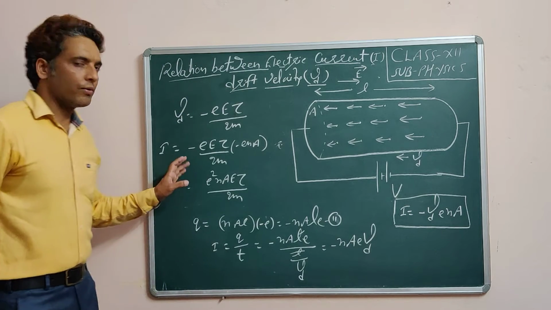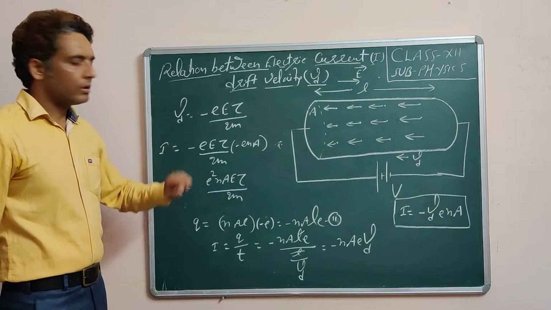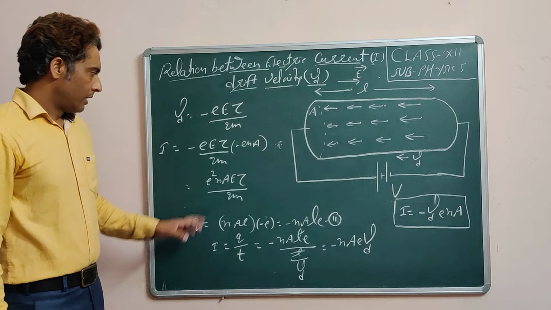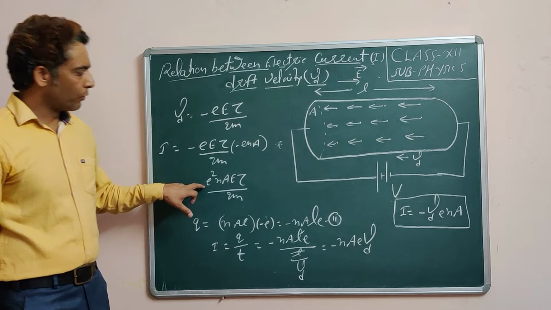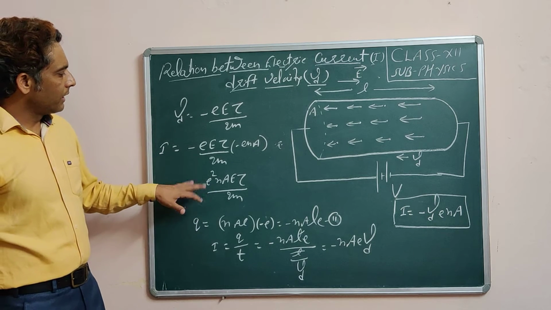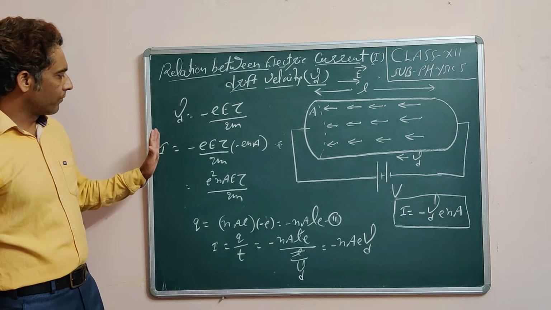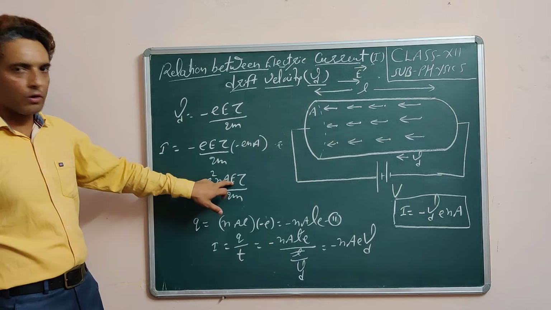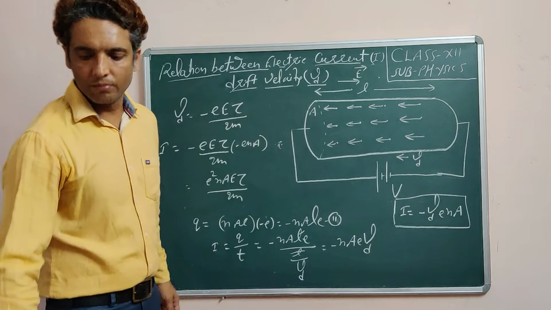So this is formula for current in terms of electric field. Here this sign is positive. This positive sign signifies that the direction of current is same as that of the direction of electric field.